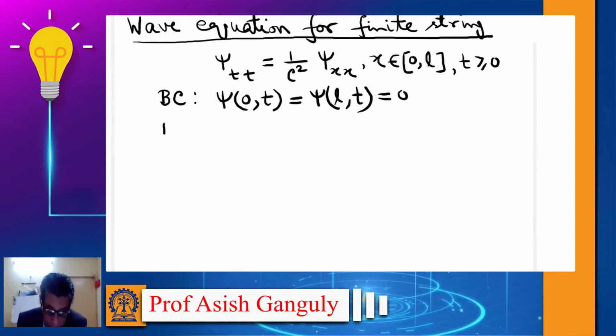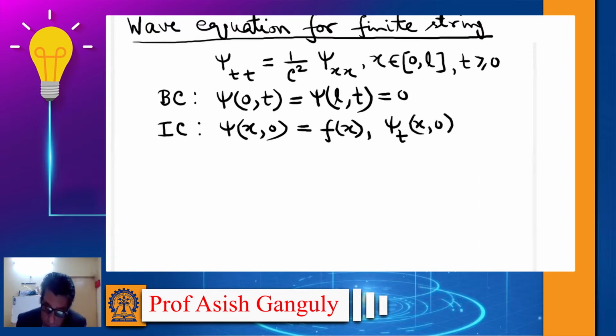There will be an initial condition, which is psi x,0 equal to f x, psi t x,0 equal to g x. Because of this initial condition and boundary condition, it is called an initial boundary value problem, IBVP.